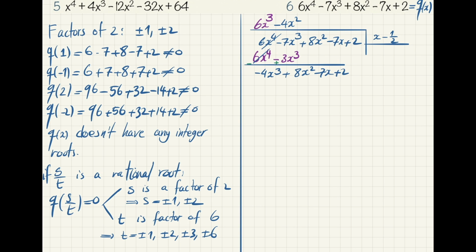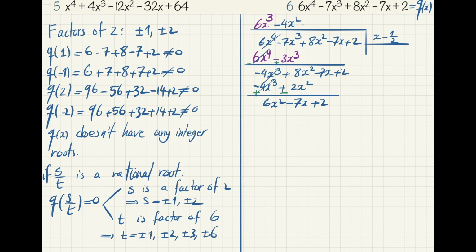When I multiply it, it becomes minus 4x to the 3, and then positive 2x to the 2. I will change the signs, positive, negative, then add them. This one and that one are gone. What I get is 6x squared minus 7x plus 2.